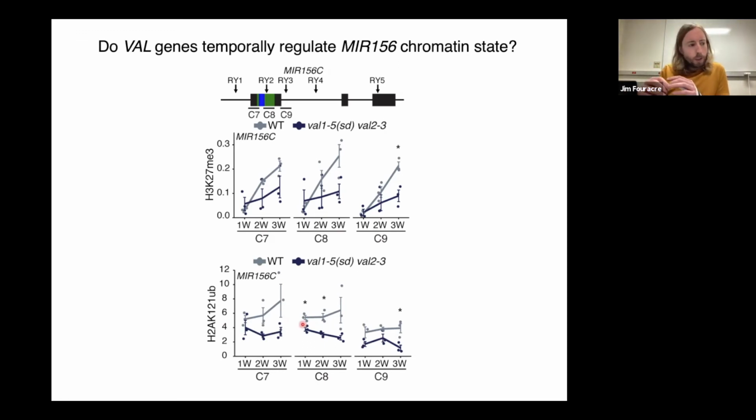The canonical model of PRC activity from animals is that PRC2 activity, so H3K27, precedes the activity of PRC1. Whereas what we see here, and this is an emerging model in plants, is that PRC1 activity precedes that of PRC2. That's mechanistically shown at this specific locus, in that you see a significant difference at 1 week for PRC1 activity, but that doesn't manifest itself until 3 weeks for PRC2. So that nicely supports other findings in the field of epigenetic regulation.